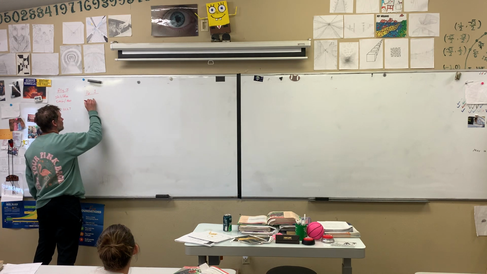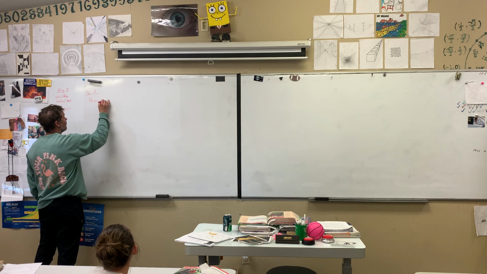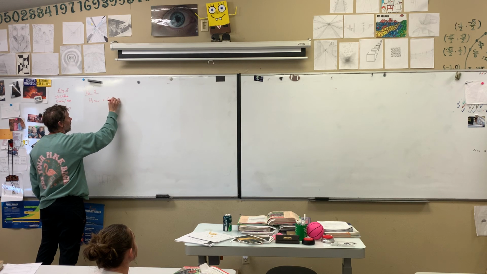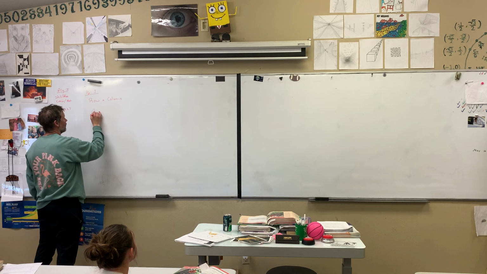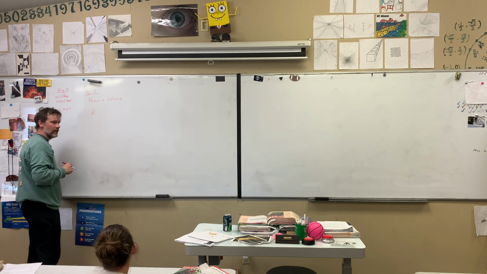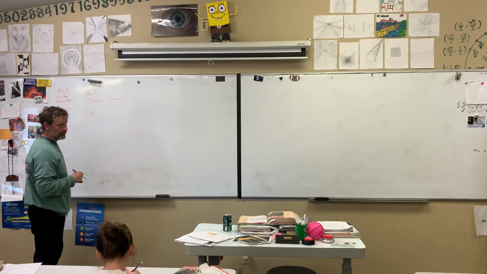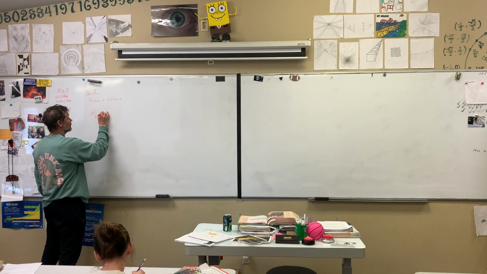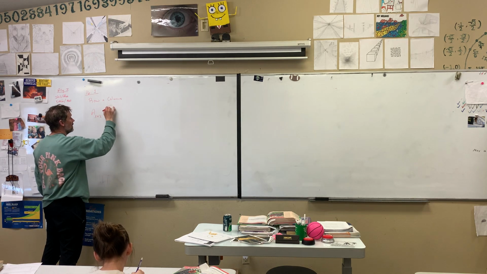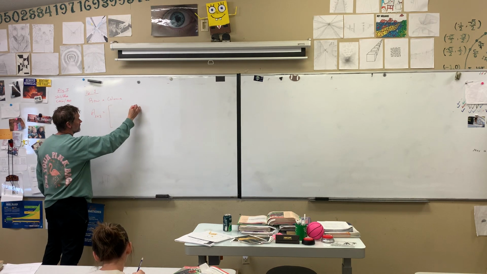So a matrix is defined by rows by columns. If I have the letter A, we'll call it matrix A, a capital letter describes a matrix. If I said matrix A is a 3 by 2, that means it has 3 rows and 2 columns. It's defined by having brackets like this.